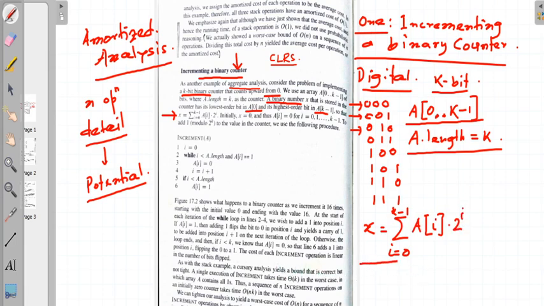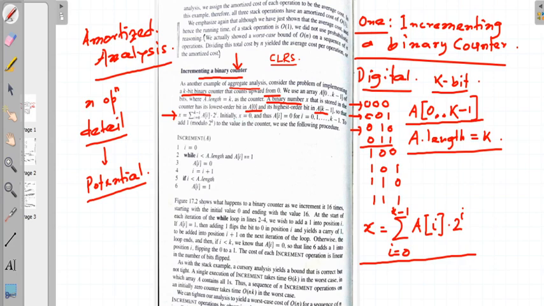This is the representation of the number. Say this is 3. 3 means 1 times 2 power 0 plus 1 times 2 power 1 plus 0 times 2 power 2. So this is the summation we can write.